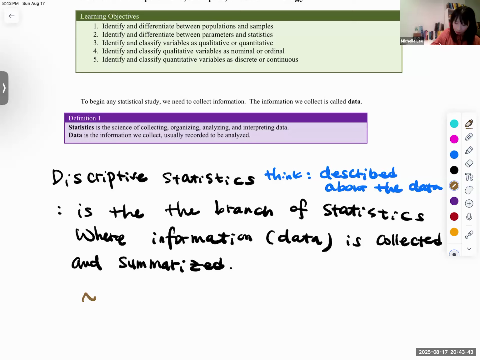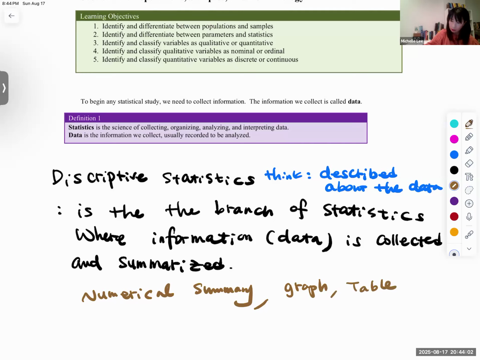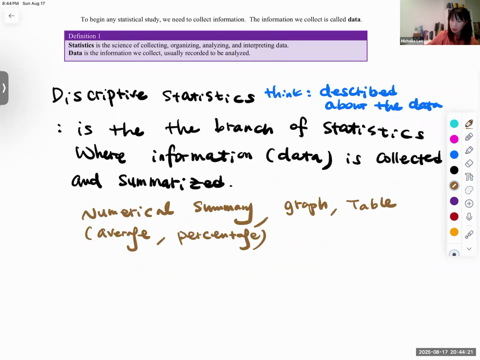Let me write it down. Numerical summary. And what else? Graphs. We can describe a data set with graphs and with tables. So in that case, the average, or the percentage.